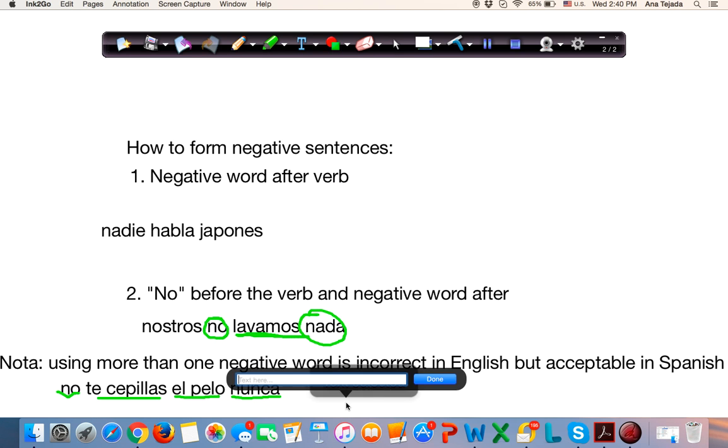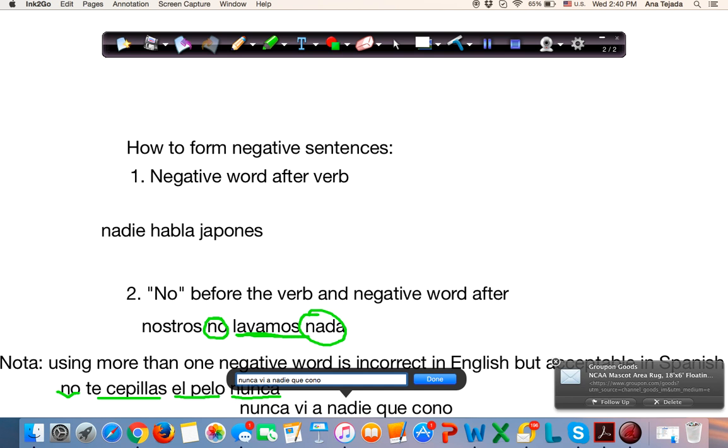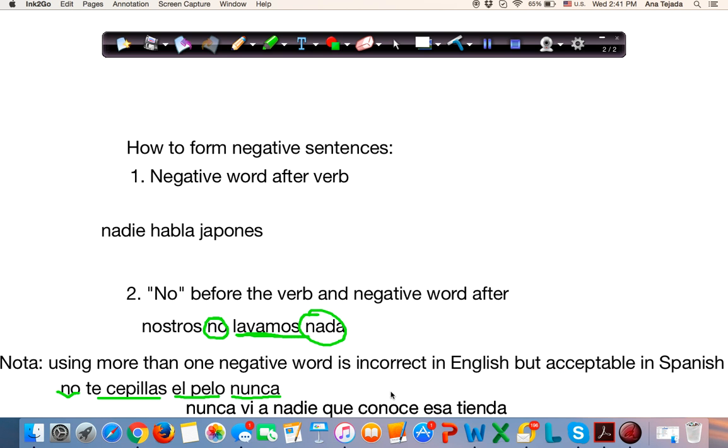Another example is: Nunca vi a nadie que conoce esa tienda.